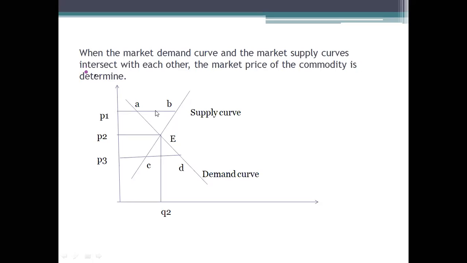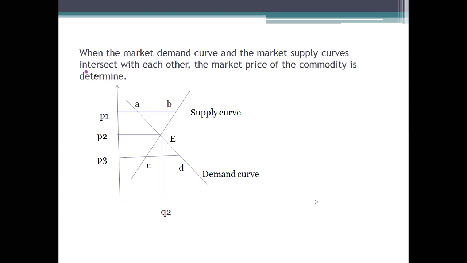Then what is the amount of market demand? If price is P1, market demand is this much, P1A. Now, what is the amount of market supply? Market supply is P1B. So, is at this point demand and supply equal?